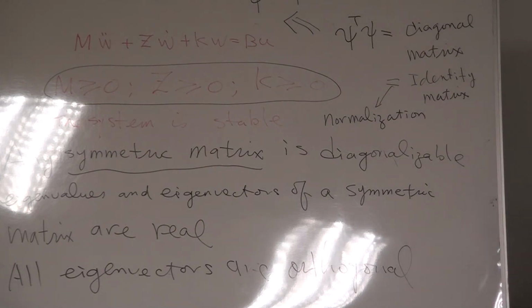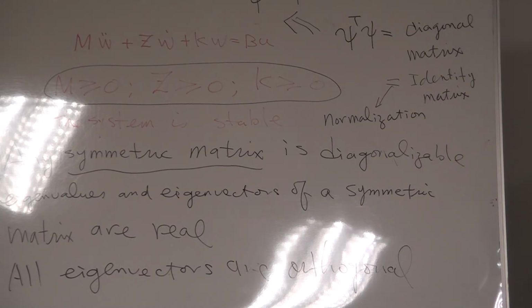Assume our initial conditions are W at t equals 0 equal to W0, and W dot at t equals 0 equal to W dot sub 0. Then W(t) equals W0 cosine omega t plus W0 dot over omega sine omega t, and this is the solution.